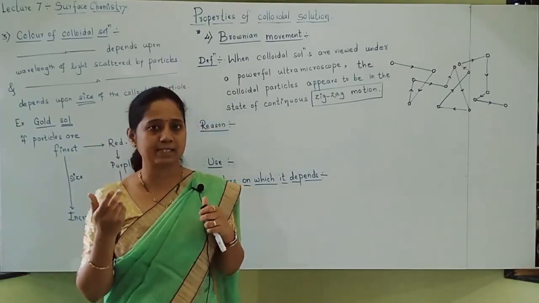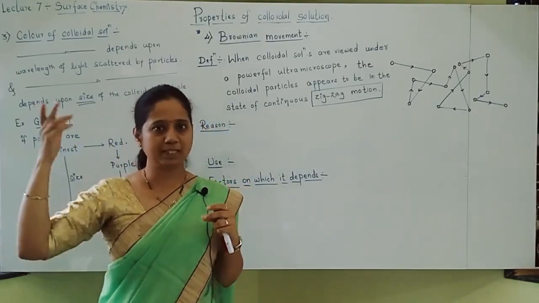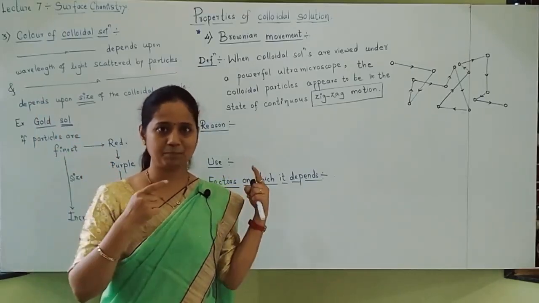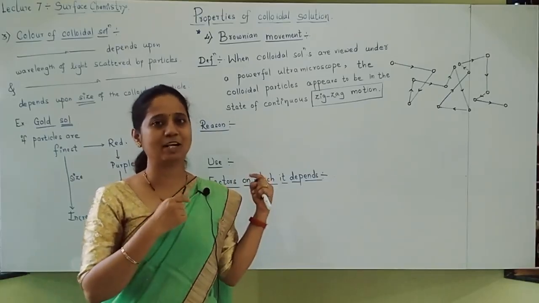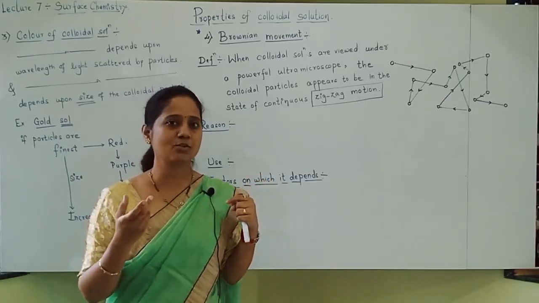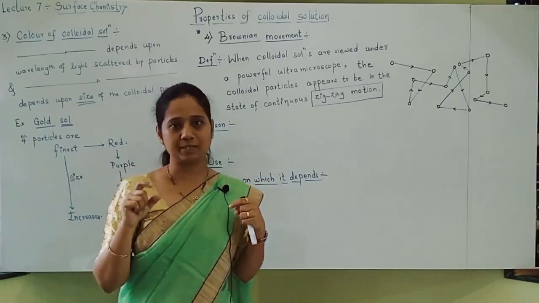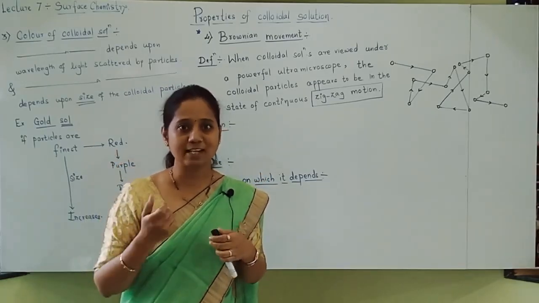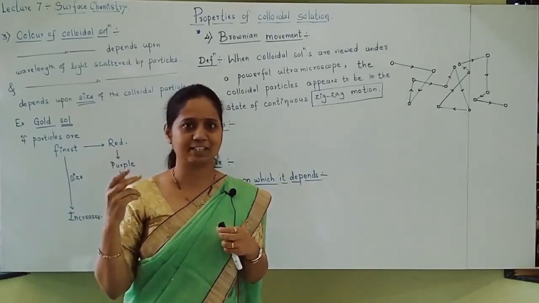He is actually a botanist. Whatever he observed in biology, there he gave the name Brownian movement. The same movement is seen in colloidal particles, so this motion is called Brownian movement, by the name of Robert Brown. Before, we have seen the Tyndall effect. Why is it called the Tyndall effect?